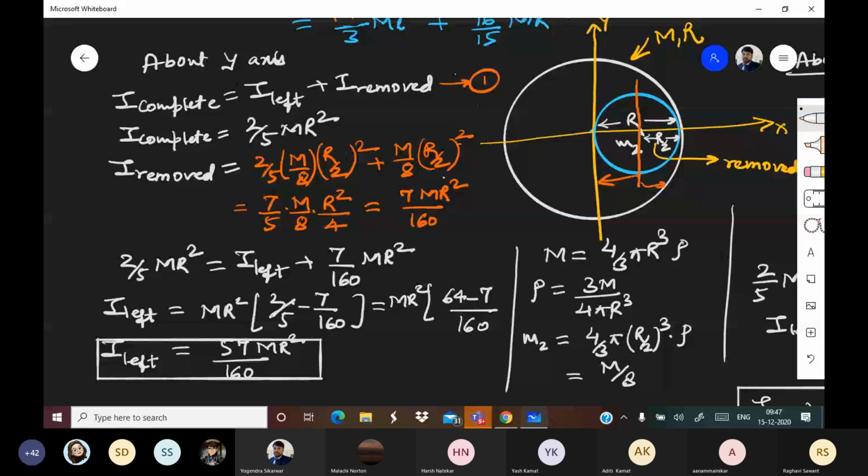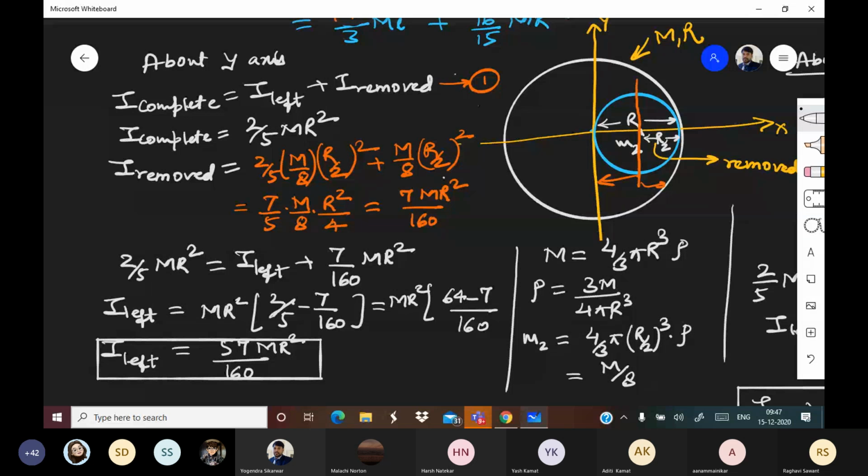For a solid sphere, y-axis and z-axis will be similar as far as we are calculating moment of inertia. Y-axis and z-axis will behave similarly.